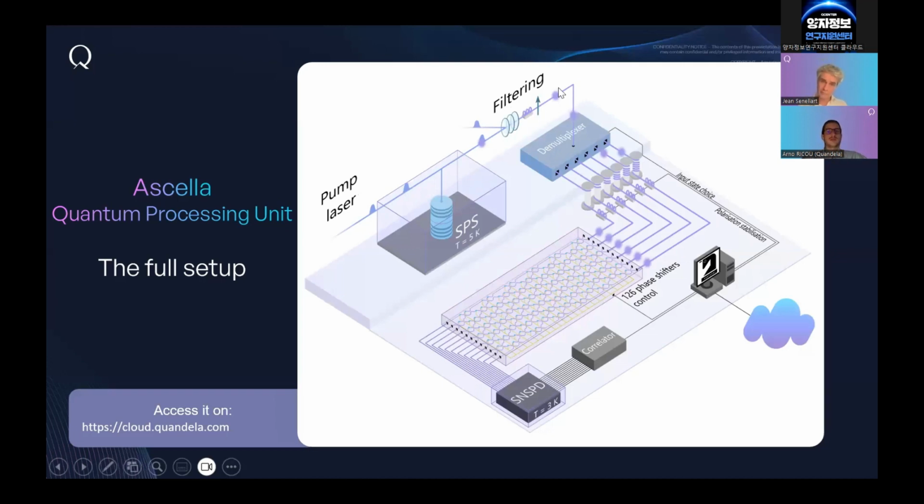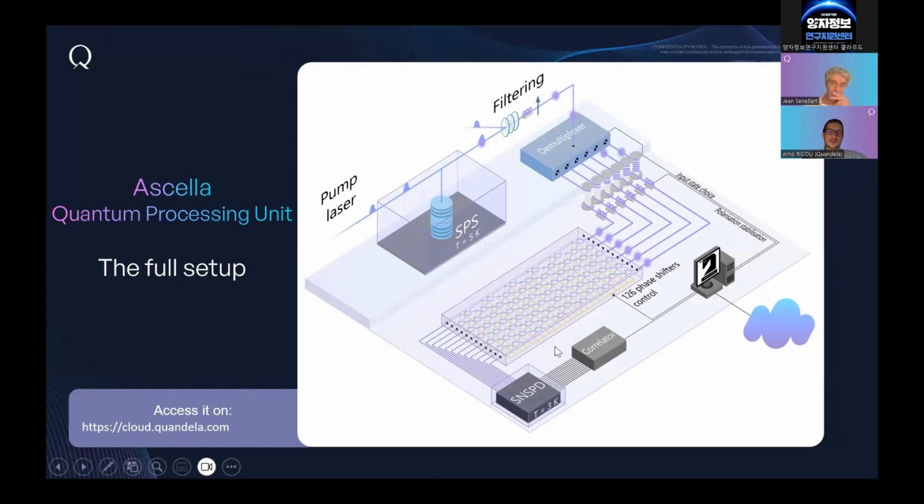And once we have this stream of photons, we need to demultiplex it through the demultiplexer. And as one photon will come a bit before the other one, we need to add some delay in order to synchronize all the photons so that they arrive at the same time on the chip where the computation, the information is being processed.